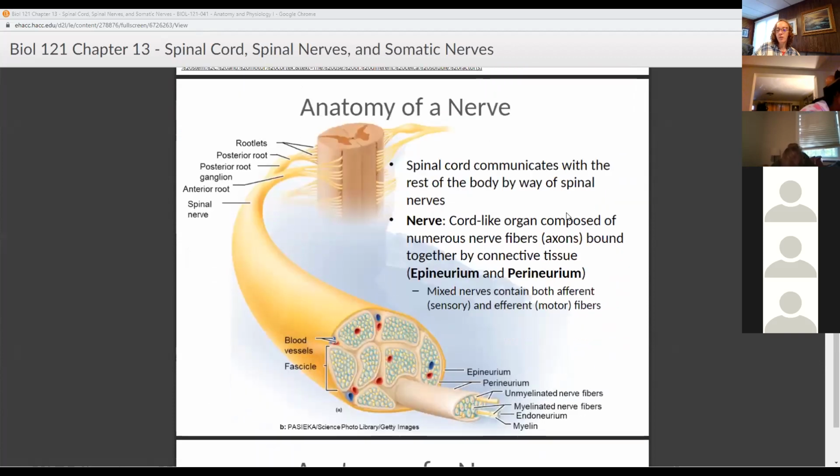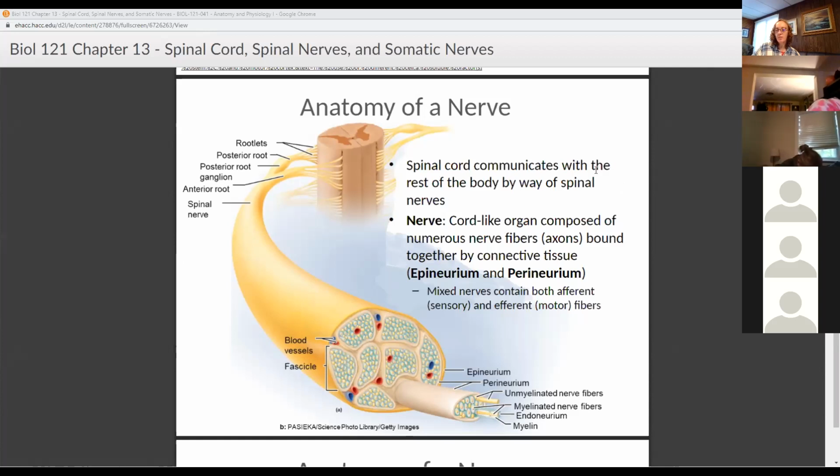So moving forward, we talked about the spinal nerve, and we talked about the spinal cord. Sensory information comes in through the posterior horn. Motor information moves out through the anterior horn. The corticospinal tract is going to be involved in motor conduction.